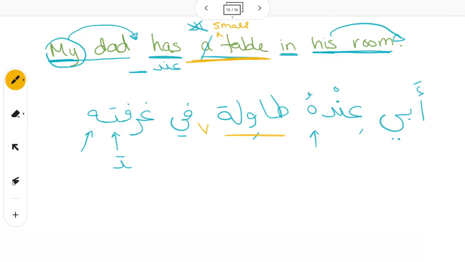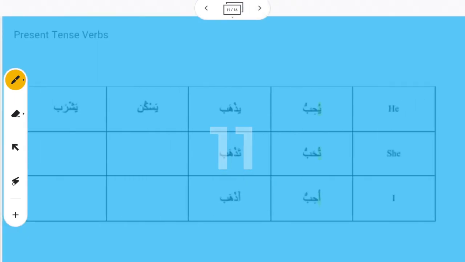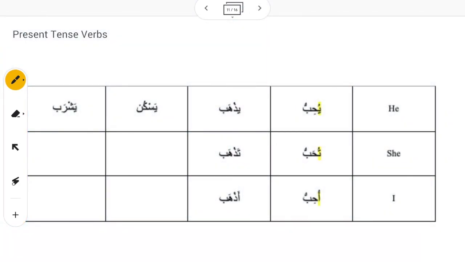Then we would add right here the word small. And the word small is صغير. But because طاولة is feminine, we're going to make it صغيرة. أبي عنده طاولة صغيرة في غرفته. Okay? So now let's move on and look at verbs.